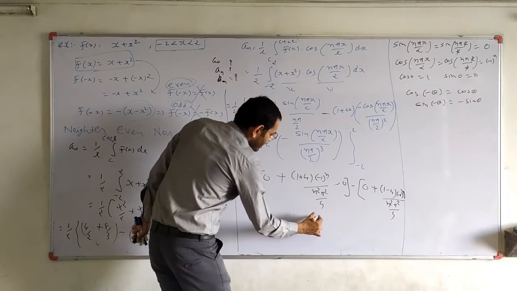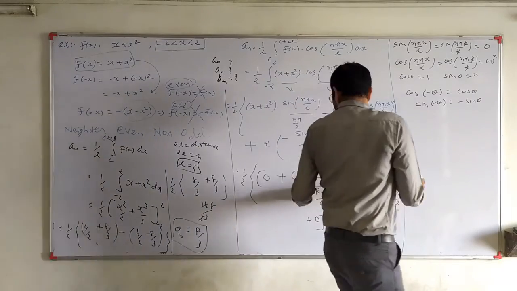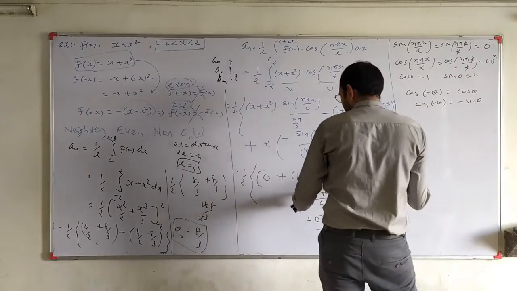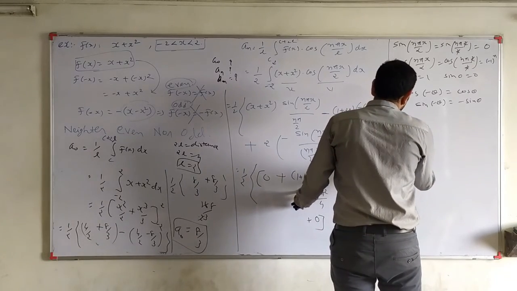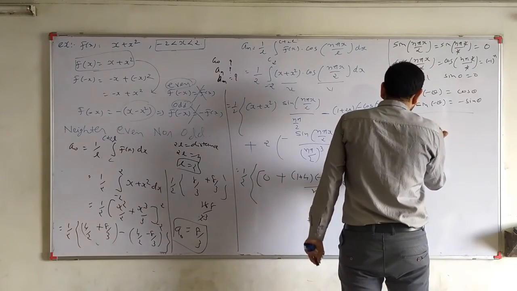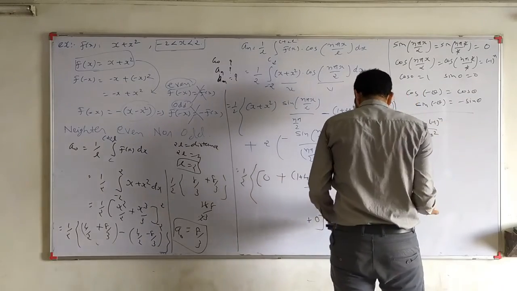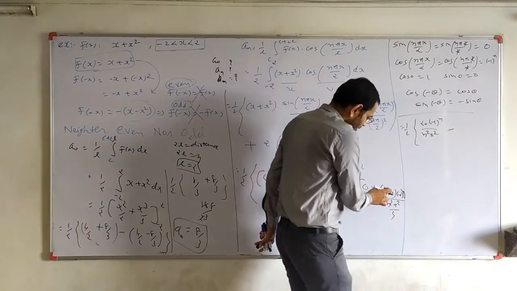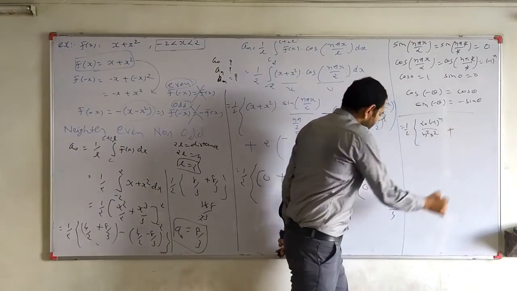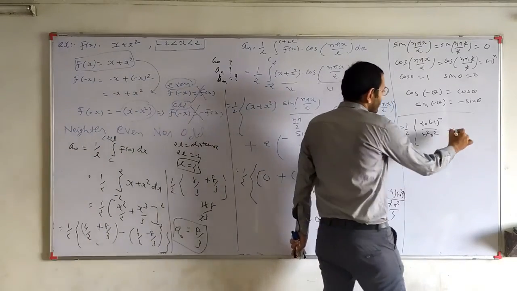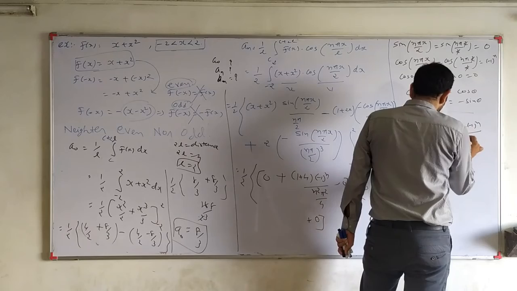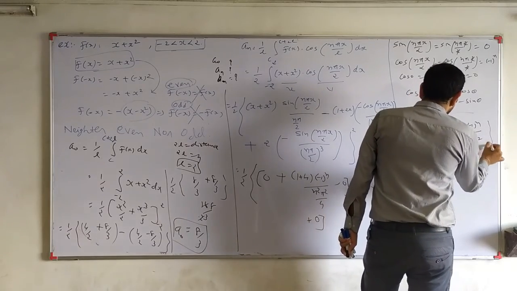Similarly, sin n pi is 0. Then 4 plus 1, 5, 5 fours are 20. Then 1 by 2, 20 minus 1 raised to n upon n square pi square, minus, here also minus, minus plus, then 4 threes are 12, minus 1 raised to n upon n square pi square.